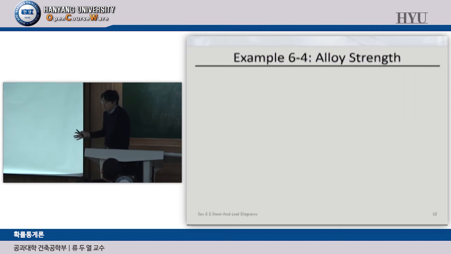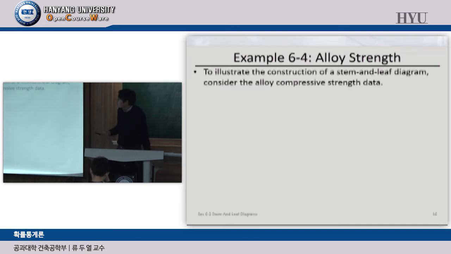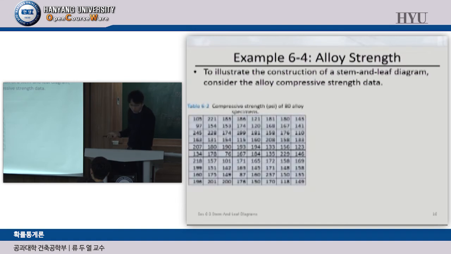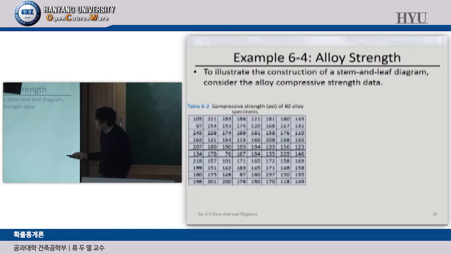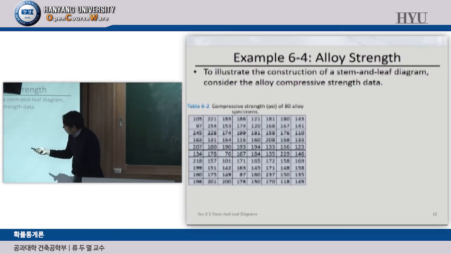You can easily understand the stem and leaf diagram based on this example. This is example 6-4 about alloy strength. To illustrate the construction of a stem and leaf diagram, consider the following alloy compressive strength data. This is the compressive strength of 80 alloy specimens, and the unit is pounds per square inch.